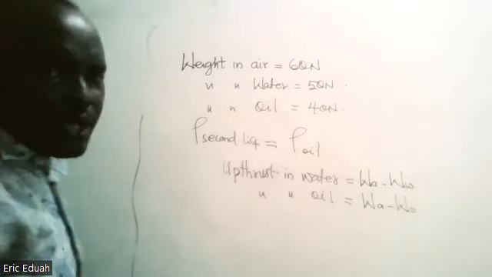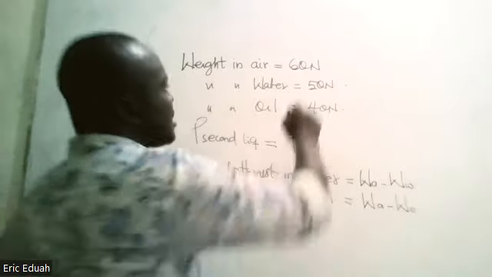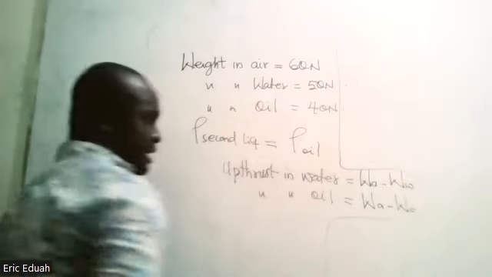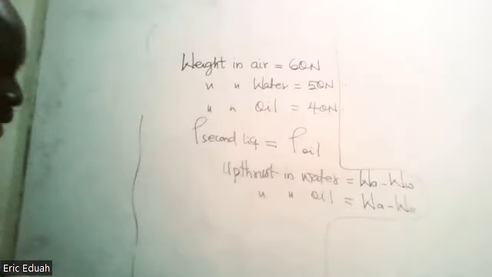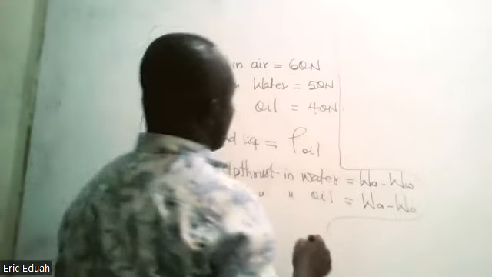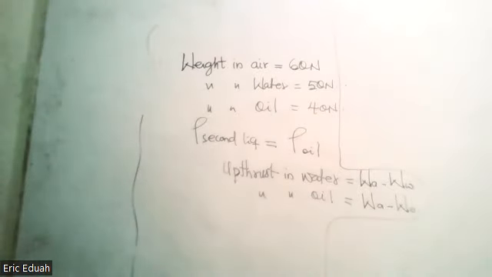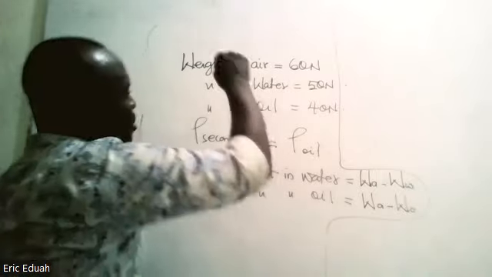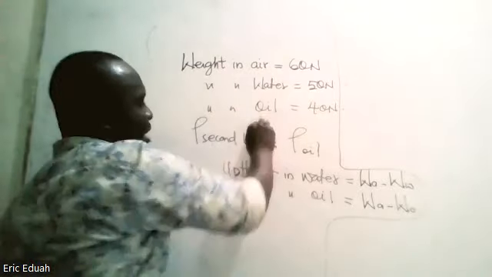Okay. So therefore, we can use the concept of relative density to find this. The weight of the object in oil over the weight of the object in water. Because the question is about a solid weighed in air, water, and then oil.